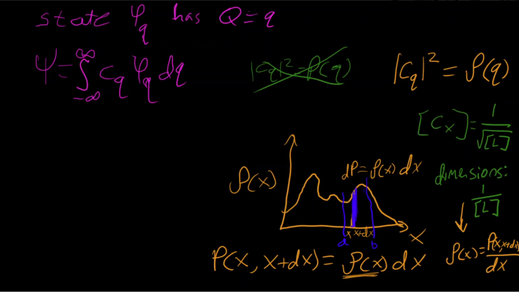That sounds like the work for an integral. So we can see graphically that it makes sense. The probability that you land somewhere between a and b is the integral from a to b, summing up all these infinitesimal probabilities. But what is dp? dp is just rho of x dx.